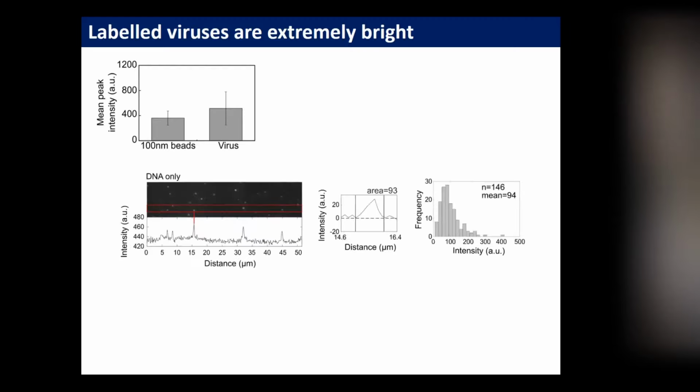And we did a quick back of the envelope test to try and determine how many DNAs we were getting per particle by looking at the intensity profiles of immobilized viruses versus just immobilized fluorophores, and just integrating under the area of each particle.